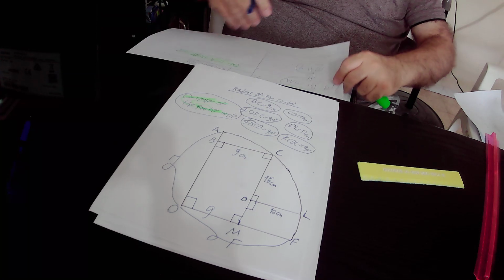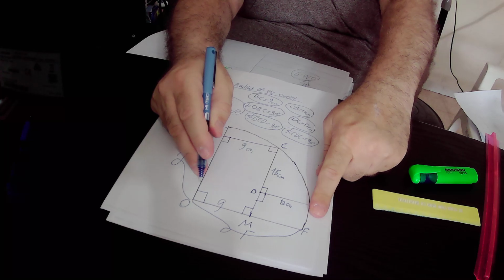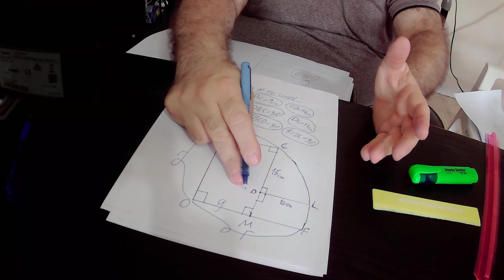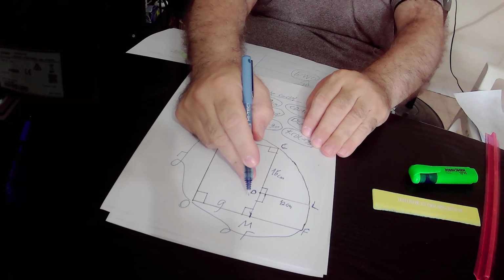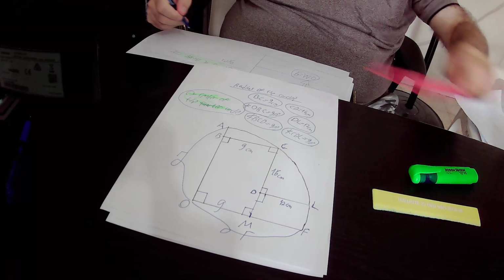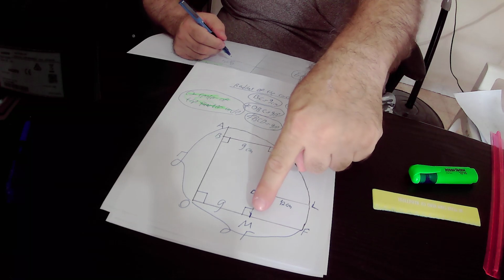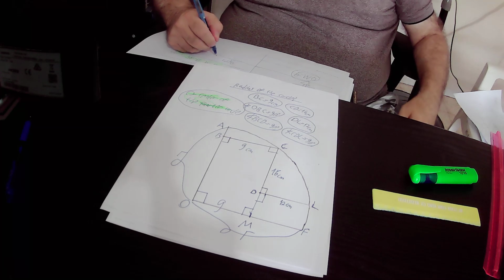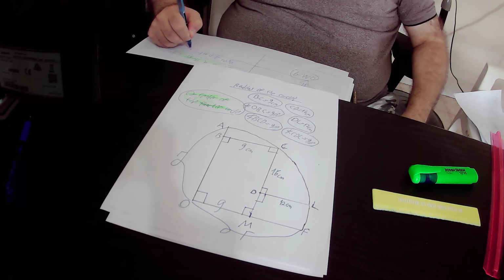So if we focus on the upper side of the straight line OF at point M, here the sum of the angles must be equal to 180 degrees according to rule number 3. So which angles do we have at the upper side of OF at point M? We have this angle that is equal to 90 degrees plus this angle that is actually angle DMF. In total, the sum of those two angles must be equal to 180 degrees according to rule number 3.